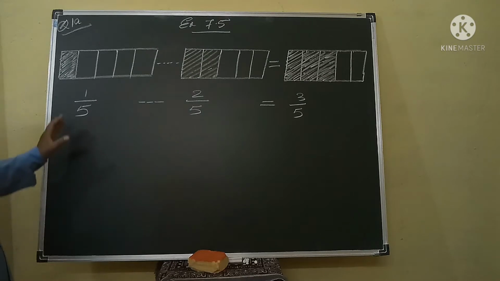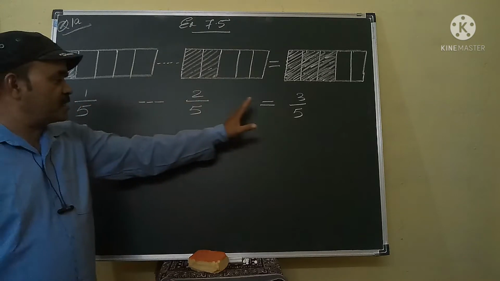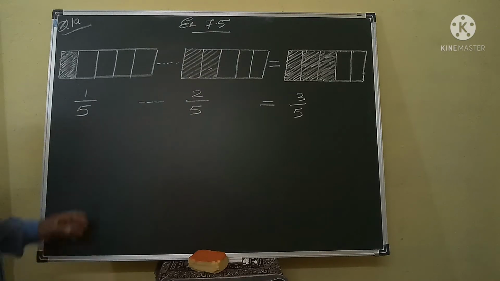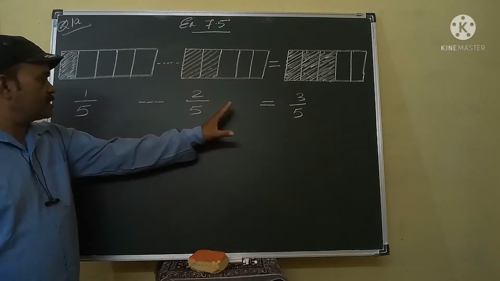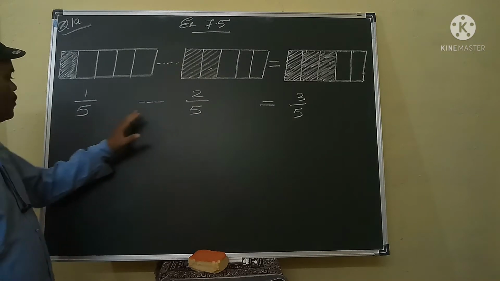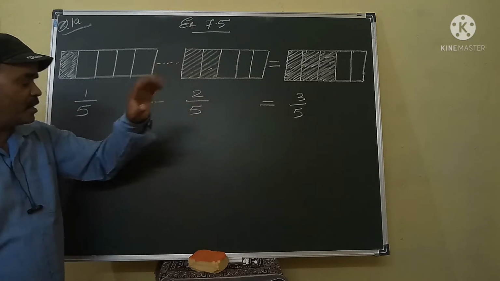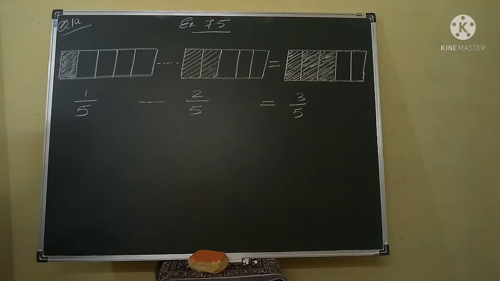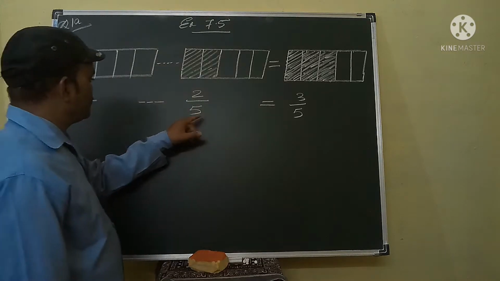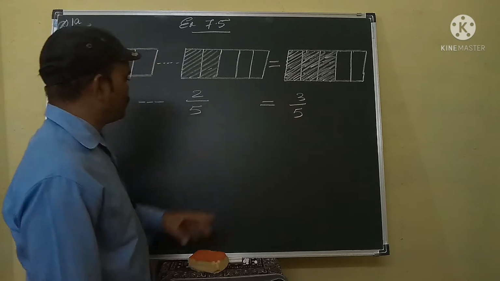In all these 3 fractions, the denominators are 5. That means all these 3 fractions are like fractions, because the denominators are equal. But in this question, what will we find out? This is 1 upon 5, blank space, 2 upon 5 is equal to 3 upon 5.